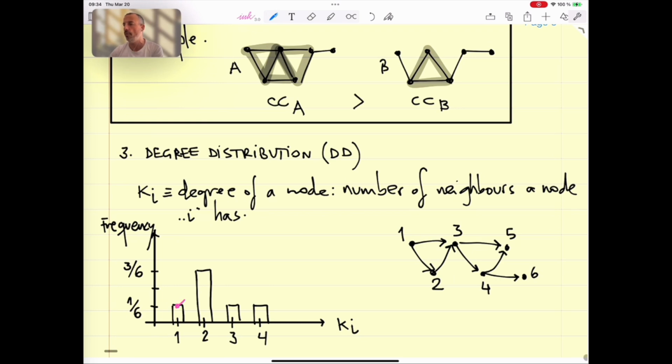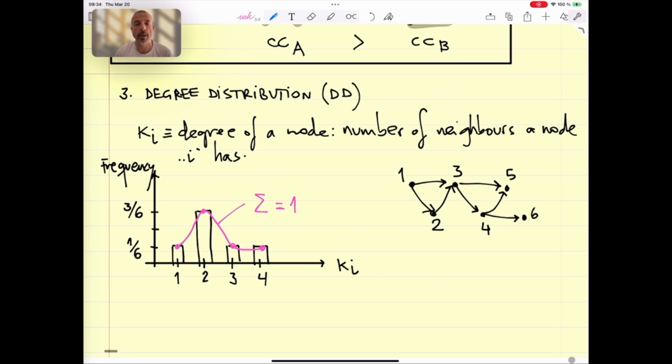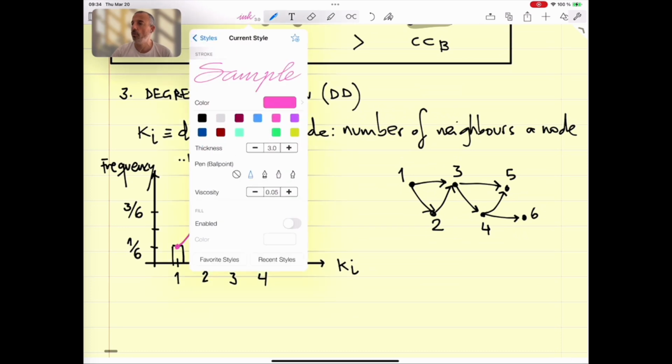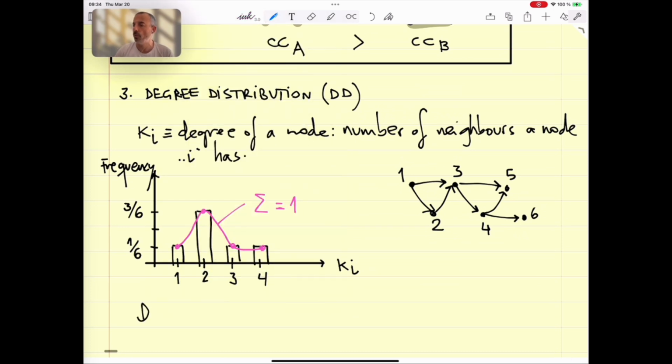This curve, okay, with more nodes it would be a lot more compact, but this curve has a sum of 1, like any distribution in statistics, okay? So depending on the structure of the degree distribution, we have different types of networks, as we will see in the next lectures.